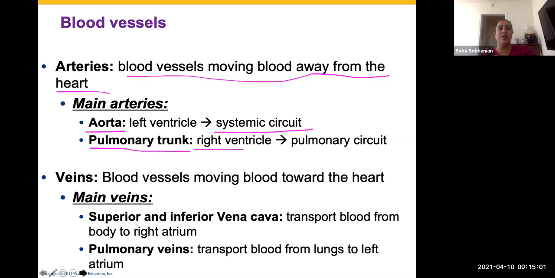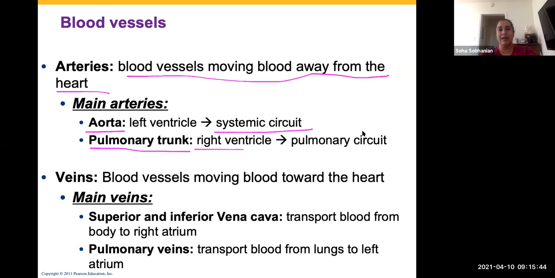But if you have a general understanding of the following, the right side is deoxygenated blood, left side is oxygenated blood. The blood that comes up from the right side, so blood, oops, I don't know what happened. So blood on the, I'm going to type this, on the right side of the heart comes from systemic circuit and goes to pulmonary circuit.